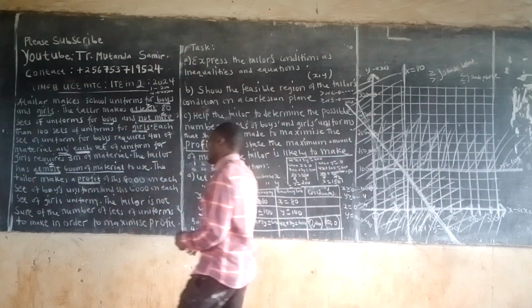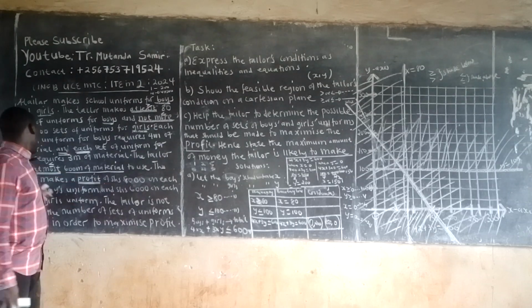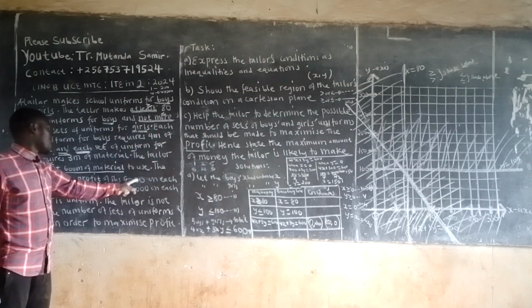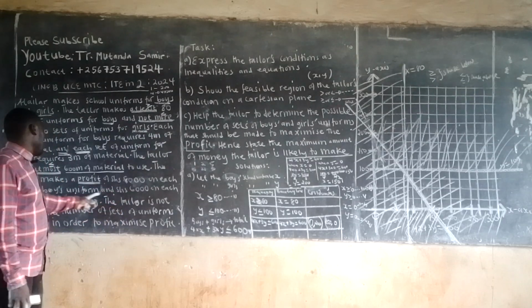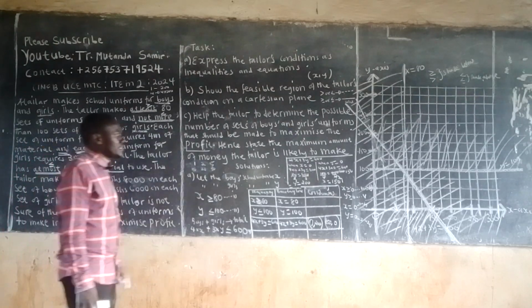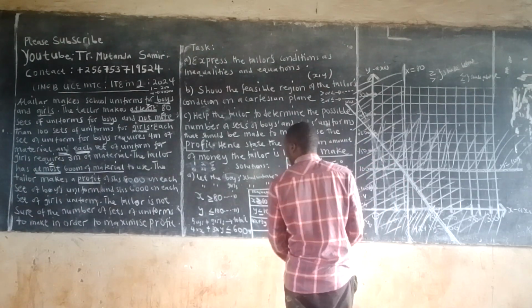All right, now let's go to this. They are saying that a tailor makes a profit of shillings on each set of boys. Whenever you see boys, just know x. And means a plus. Allow me to rub away this part.